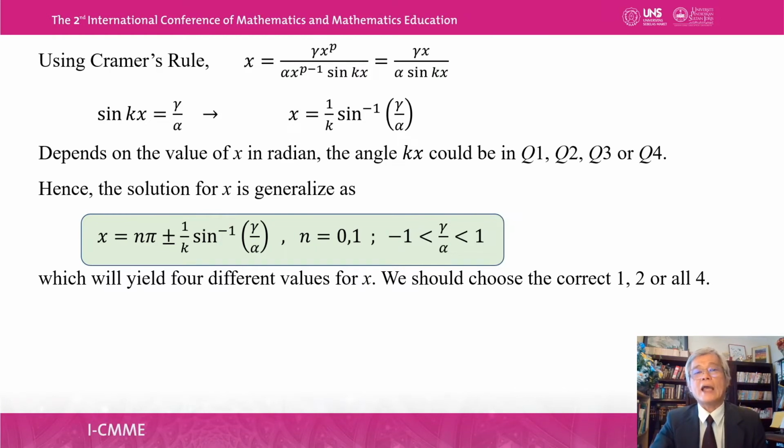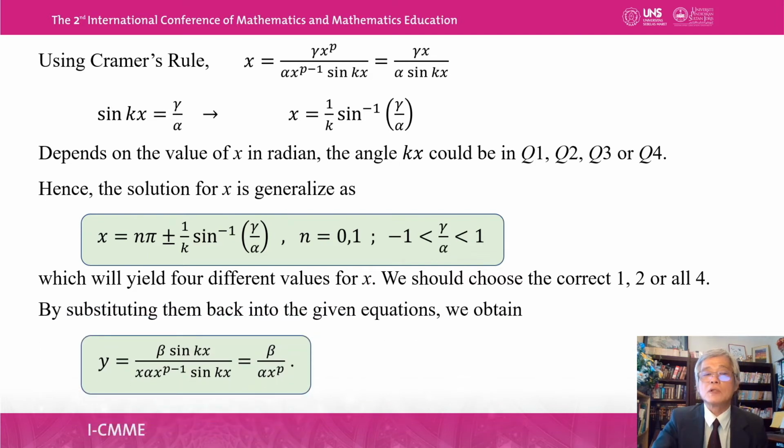The angle kx could be in Q1, Q2, Q3, or Q4. Hence, we generalize the solution for x as shown. And this will yield 4 different values for x. We should choose the correct one, 2, or all 4. And by substituting that into the given equations for y, we will get the corresponding y values.